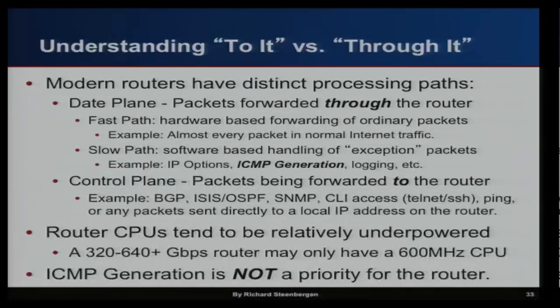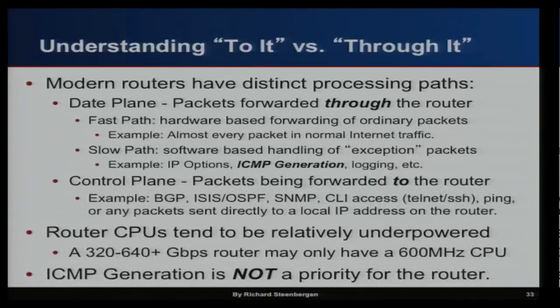If you have the box configured to do logging, anything like that, what tends to happen is the packet actually gets punted to a CPU to handle this stuff. This is stuff that's relatively complicated and isn't just as simple as look up an IP address in a table, figure out a next hop interface, and ship it. And so even on a modern box, all of these boxes with their very high-end line cards have a little CPU sitting on every one, and it's doing this type of stuff.